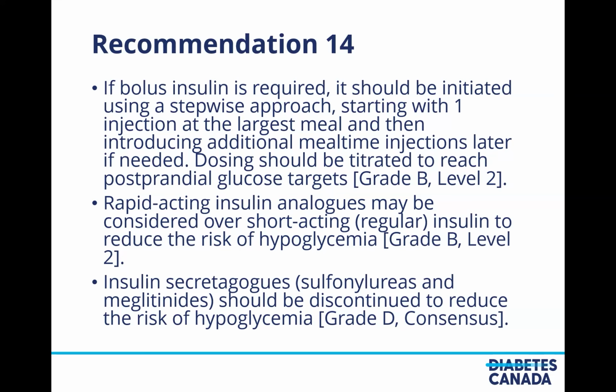Dosing should be titrated to reach postprandial glucose targets. And that is, again, very similar to the previous 2020 guideline. Rapid-acting insulin analogs may be considered over short-acting regular insulin to reduce the risk of hypoglycemia. And insulin secretagogues should be discontinued to reduce the risk of hypoglycemia in this situation.